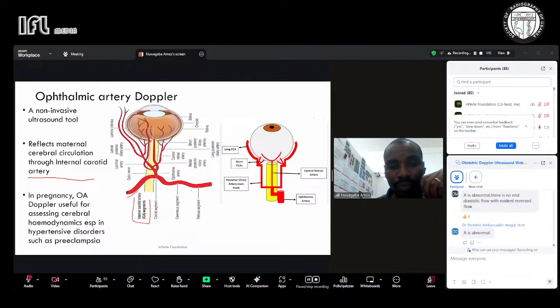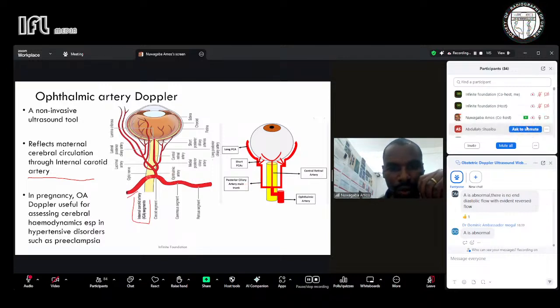And the ophthalmic artery, after it comes off the carotid, has many branches, and gives off the central retinal artery. Let me pick my pointer here. So this is the central retinal artery. This is the posterior ciliary artery, and it also gives off the lacrimal artery.